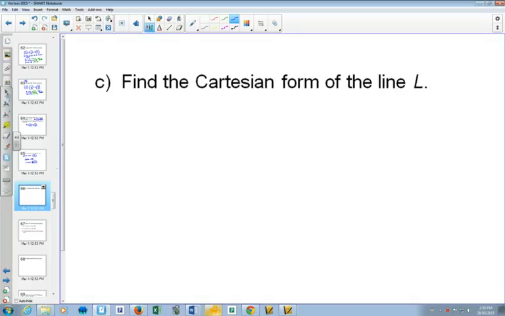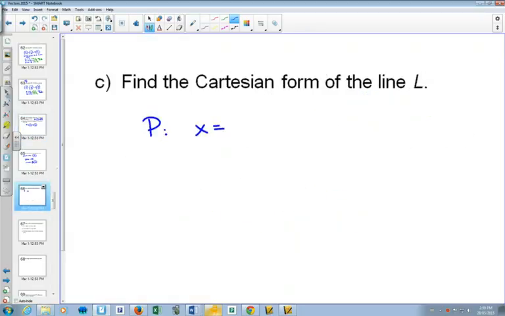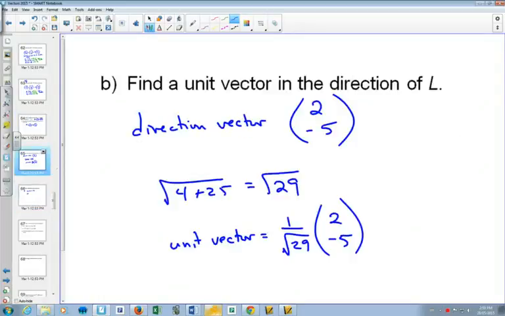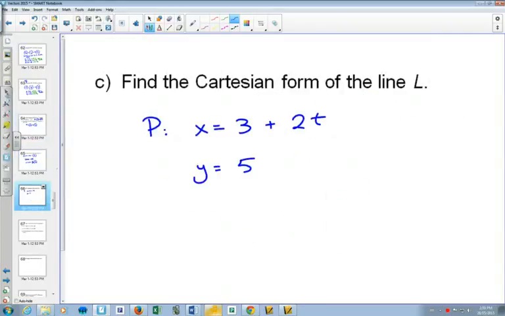And now we're going to find the Cartesian form of our line. So in order to find the Cartesian form, we'll often have to start by finding the parametric form. Going back to here, we'd have 3 plus 2t and 5 minus 5t.